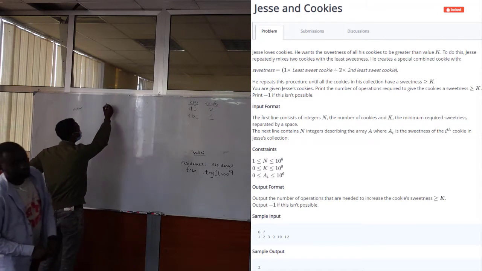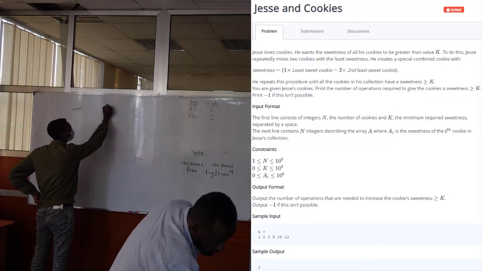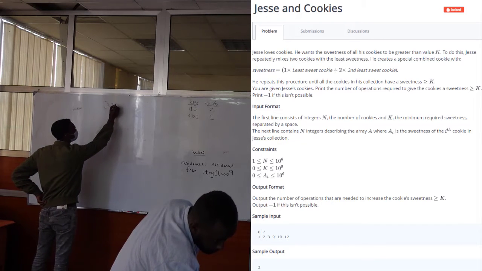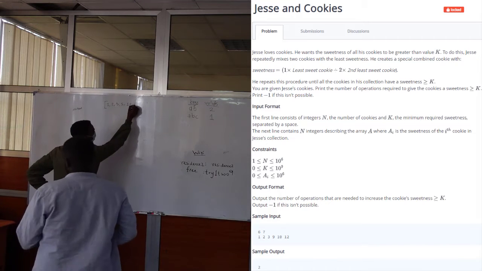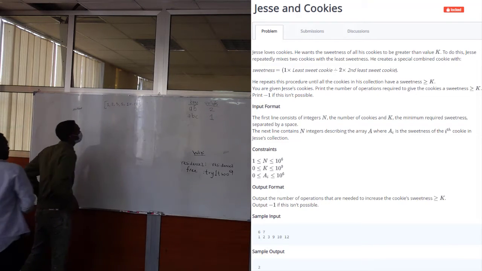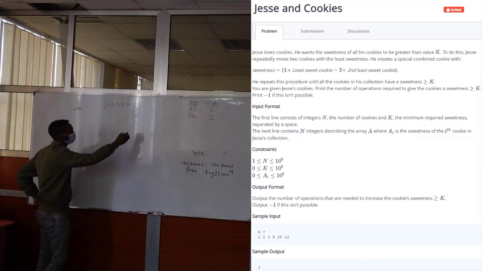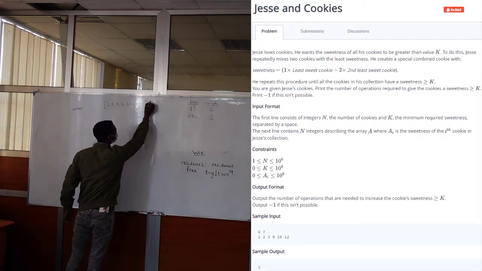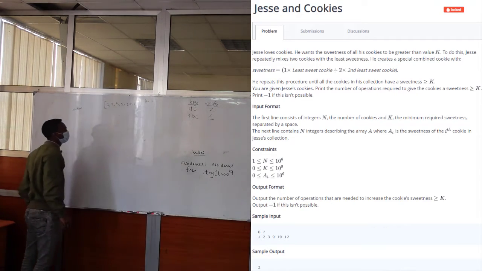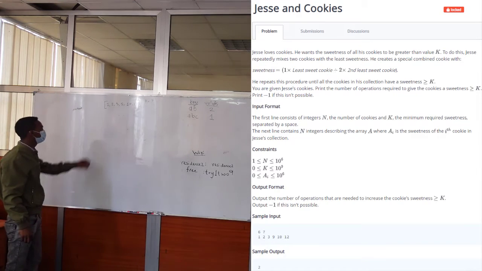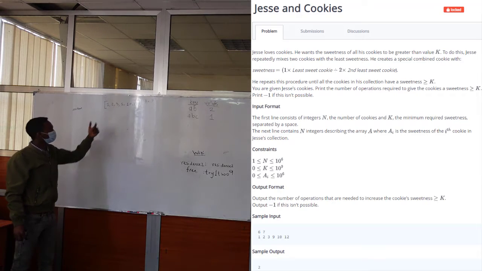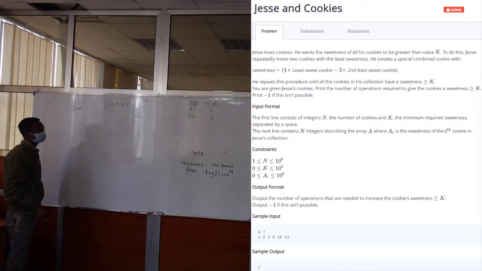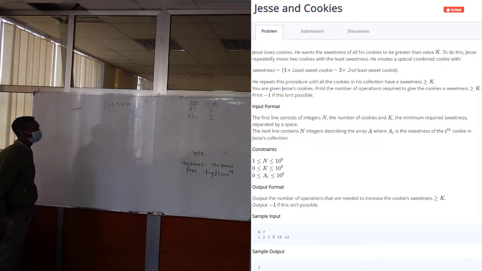Can we start with an example just to understand the question better? Okay, maybe not everybody had enough time on the problem. Let's say we have this, and we are given k of 7. What we are asked is to make all these cookies which have sweetness of less than 7 to be greater than or equal to 7.